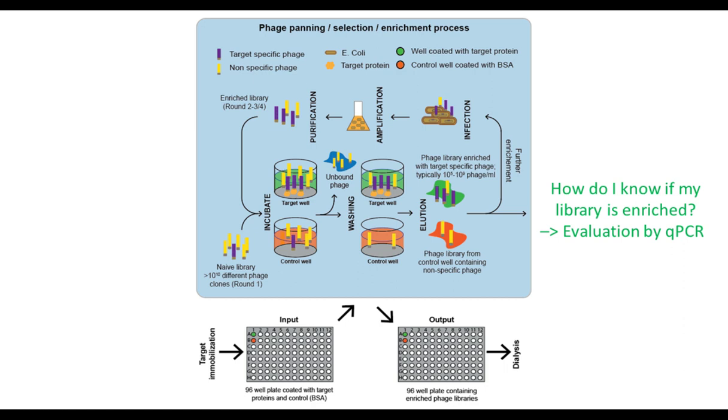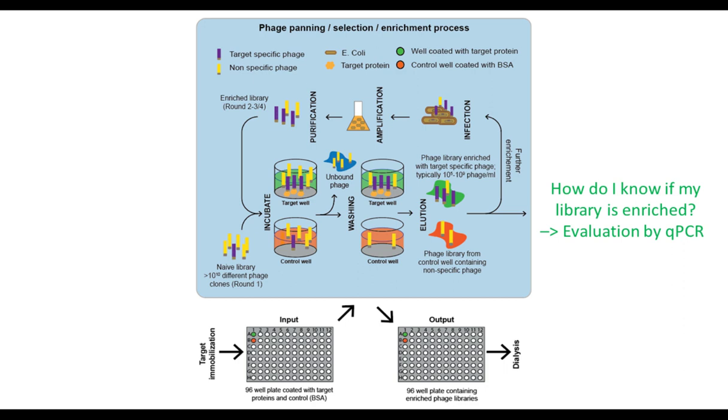All right, so let's look at what's happening on the molecular level here. So we have the protein coated on the well. And we have a control well that's coated with BSA. So the individual BSA molecules are not shown. Now you add your phage library. And the idea is, after an incubation period, every phage that displays a preferable motif actually binds to your target protein. But there is also non-specific phage that hangs around on the well.